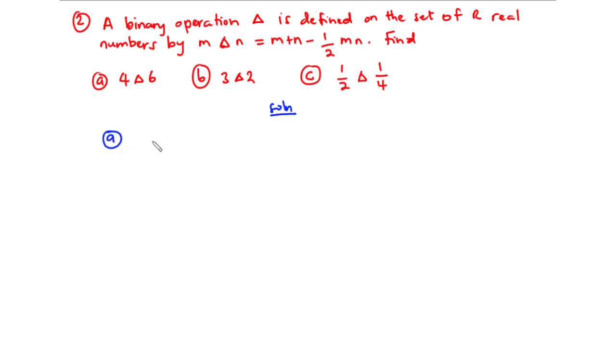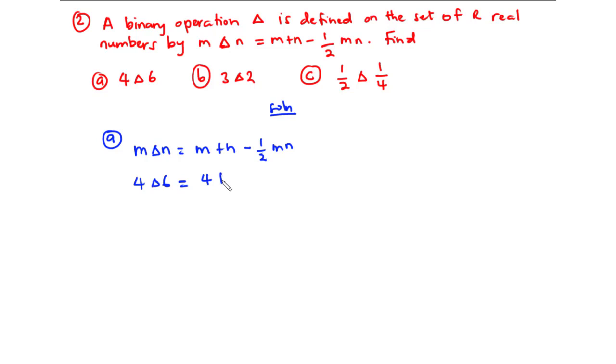To solve this question, first of all, let's write down the operation. So m delta n equals m plus n minus 1 over 2 times m times n. It means that our m is 4 and our n is 6.